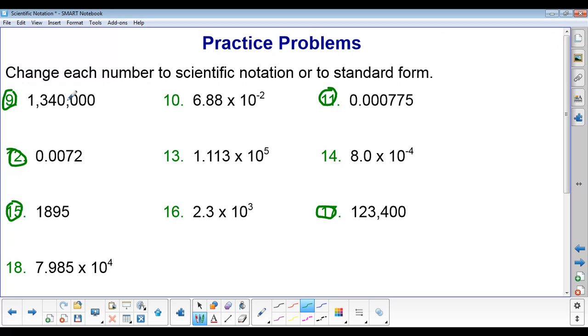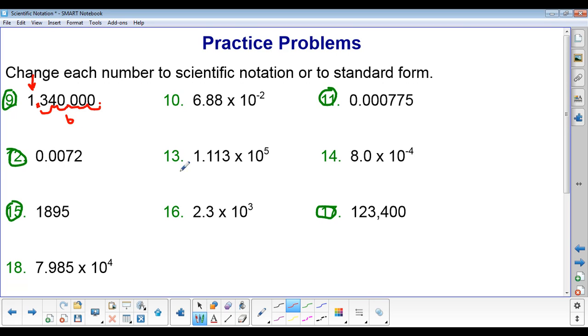In number 9, remember there's no decimal, which means it's secretly at the back. So where do I need my decimal to go? Well, remember, we can only have one digit in front of the decimal place. So I'm going to put my decimal between 1 and 3. And to get it there, I need to move the decimal 1 time, 2 times, 3 times, 4 times, 5 times, 6 times.